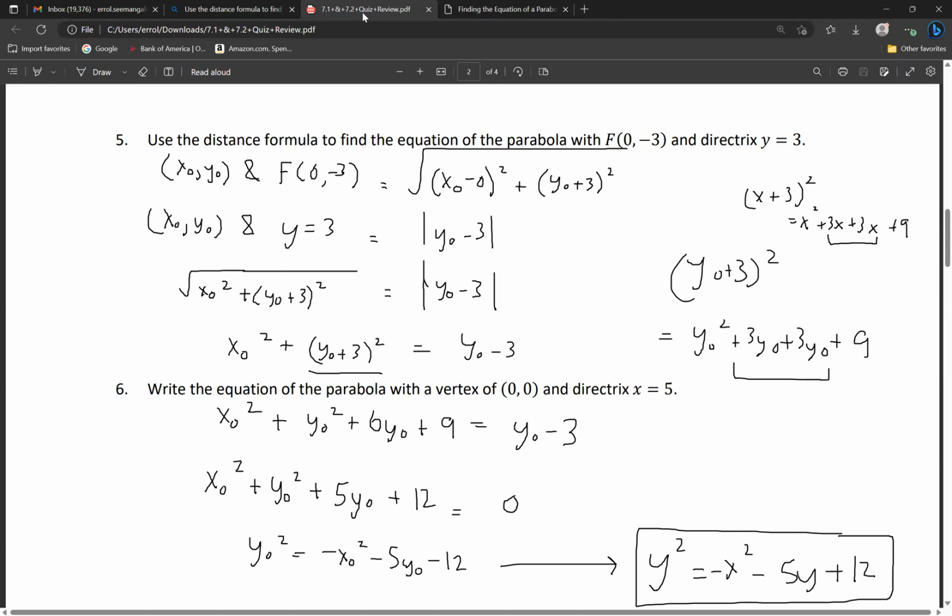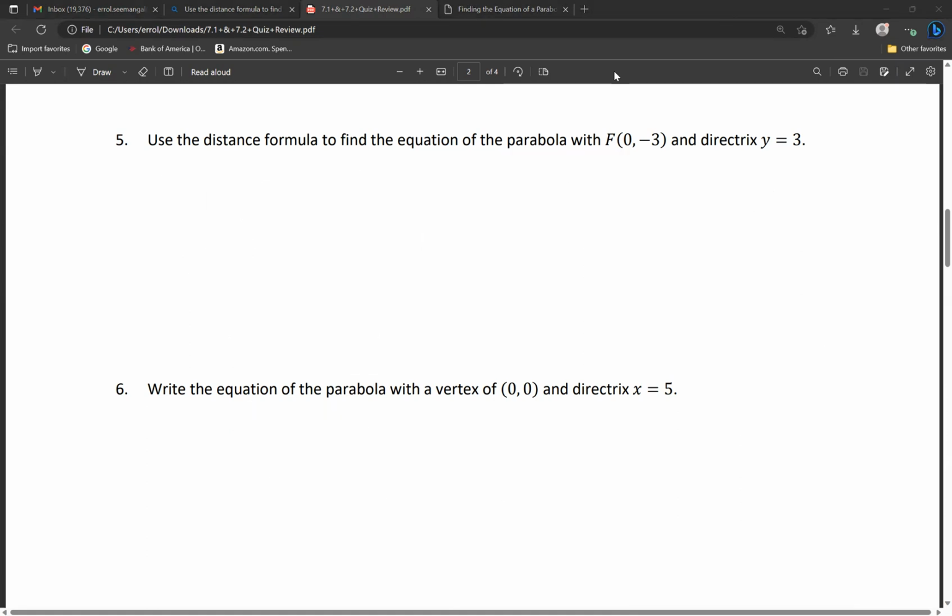All right, 6. Just copy that, take a picture of that, or copy it down. Where's the eraser? Clear all. Write the equation of the parabola with a vertex of 0, 0 and directrix x equals 5. All right, let's try this one.